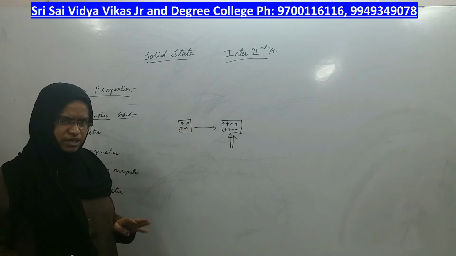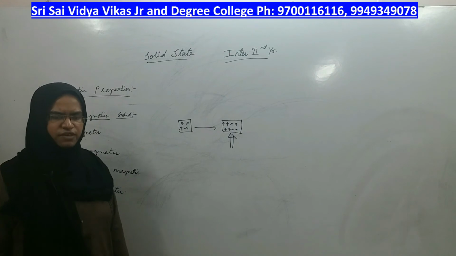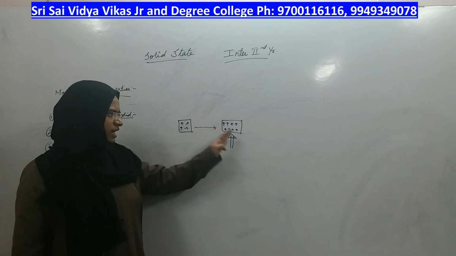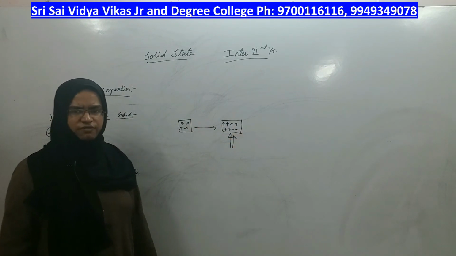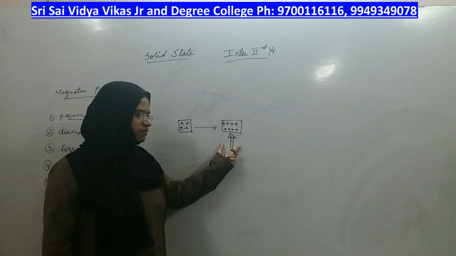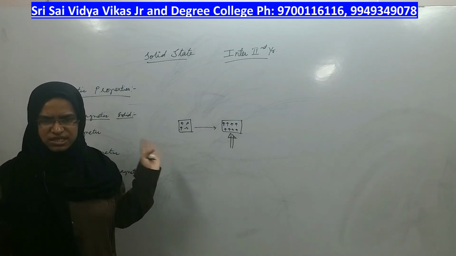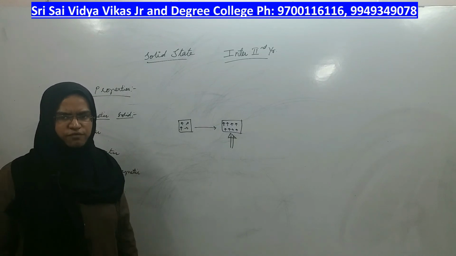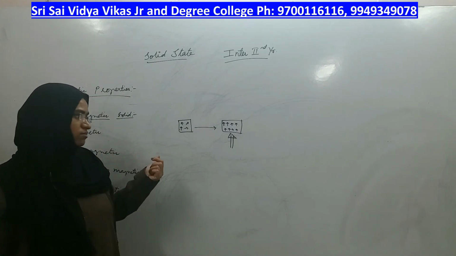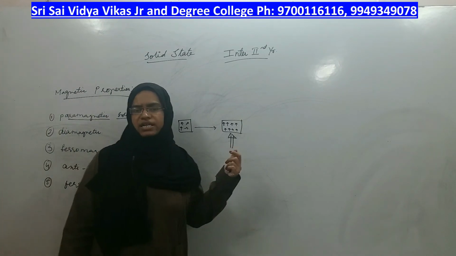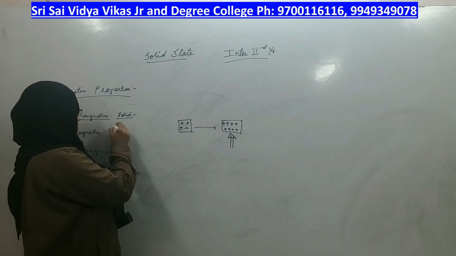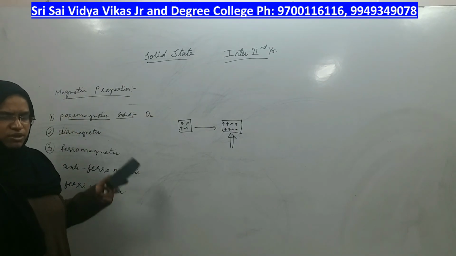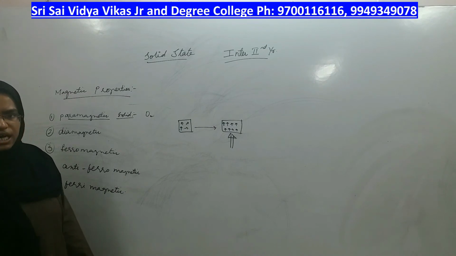So this kind of substance, in which the unpaired electrons align themselves along the magnetic field, and in the absence of the magnetic field go back to their normal state, that magnetic behavior which is present only in the presence of a magnetic field and reverts back to the normal state is called paramagnetic. Example is the oxygen molecule, because unpaired electrons are present in it.